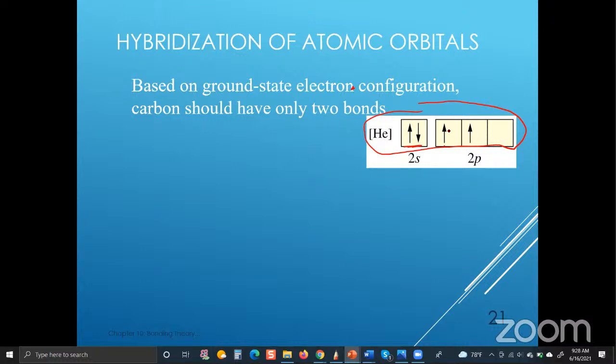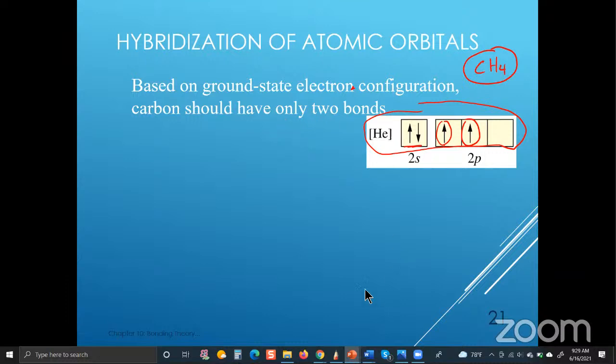Now, based on what we have discussed before, one would expect that if carbon were to combine with hydrogen, then because you have 2 unpaired electrons, carbon would only form 2 bonds with hydrogen. But we know that's not the case because the formula for methane is CH4. So the question now becomes, how is it that carbon is able to form 4 bonds with 4 hydrogen atoms?